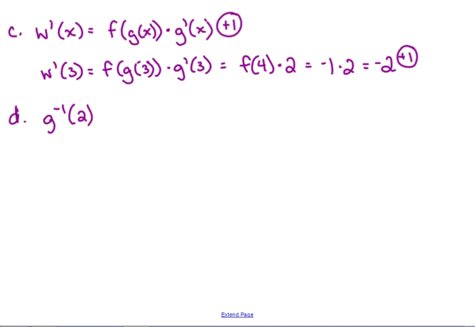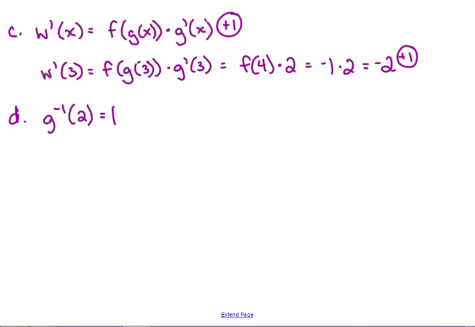We don't have g inverse on our table. But remember what the inverse does, it switches x's and y's. So if it's the x of the inverse, it means it's the y of the original. The y of the original g of x, where it's 2, is at x equals 1. So g inverse of 2 equals 1. That is our point. X is 2, y is 1 when we write our equation.